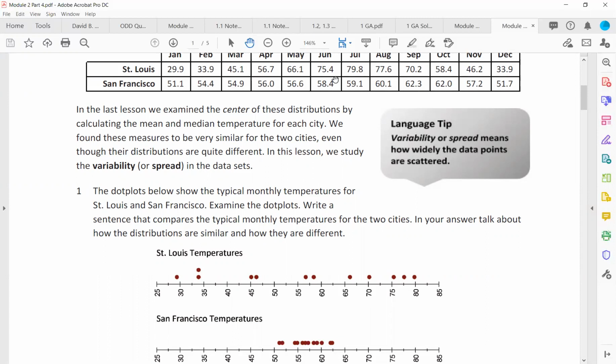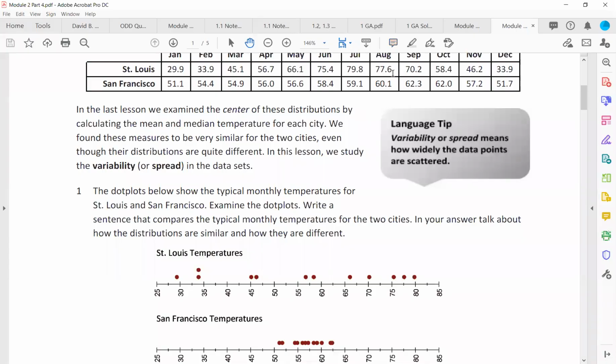As you can see, these numbers are very close to each other. And when you're looking at the dot plots, you don't see that much of difference between them. So which one is more varied? Visually, you can say that I see more variability in the first collection than the second collection.